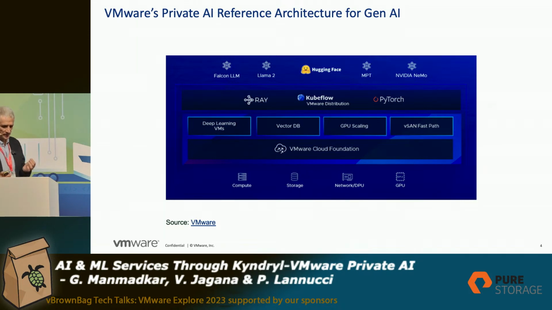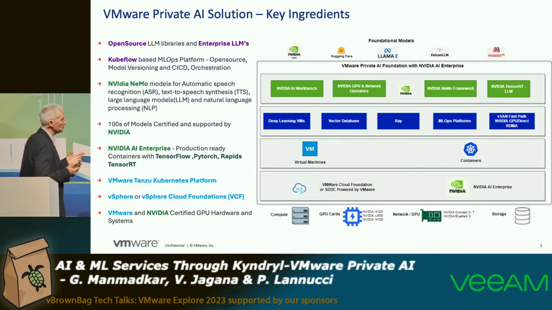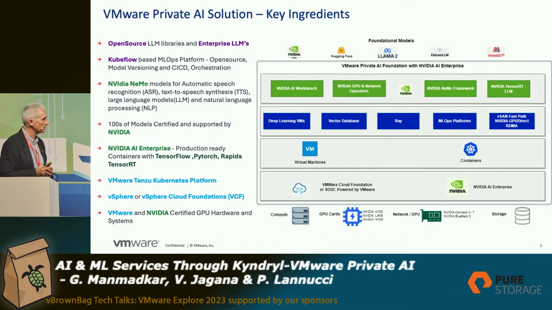So now let's see the key elements of our solution. Obviously the hardware. In the hardware part, the key elements are the GPU cards and the network accelerator cards from NVIDIA.